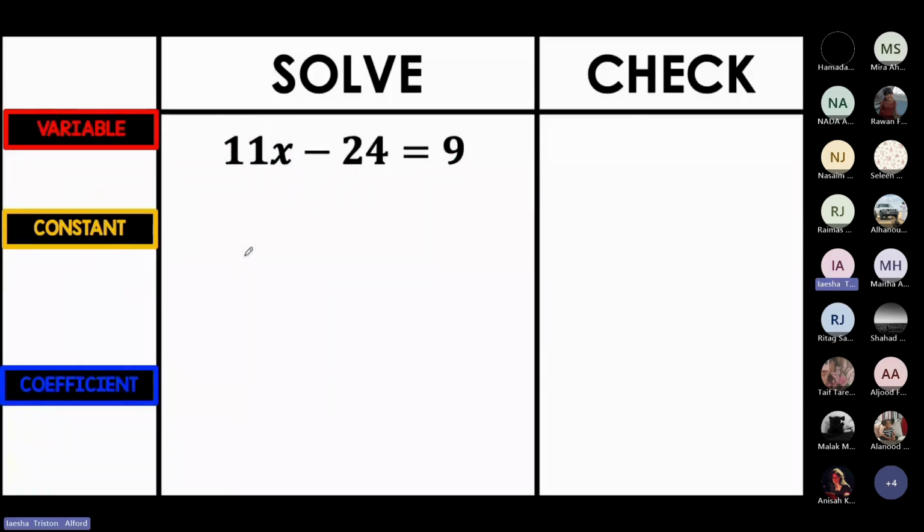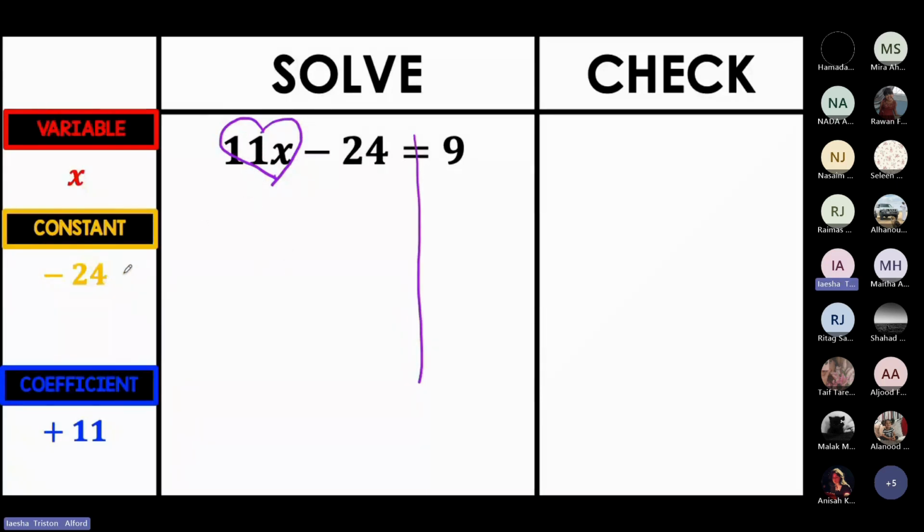Try again. What's the variable? X. What is your constant? Negative 24. What is your coefficient? Positive 11. Put a heart around the besties if it's easier for you to see.